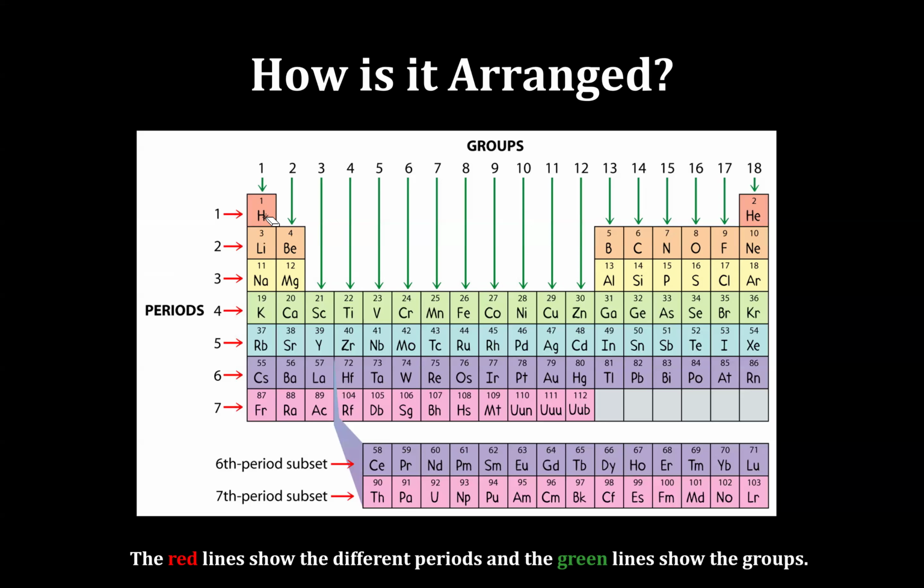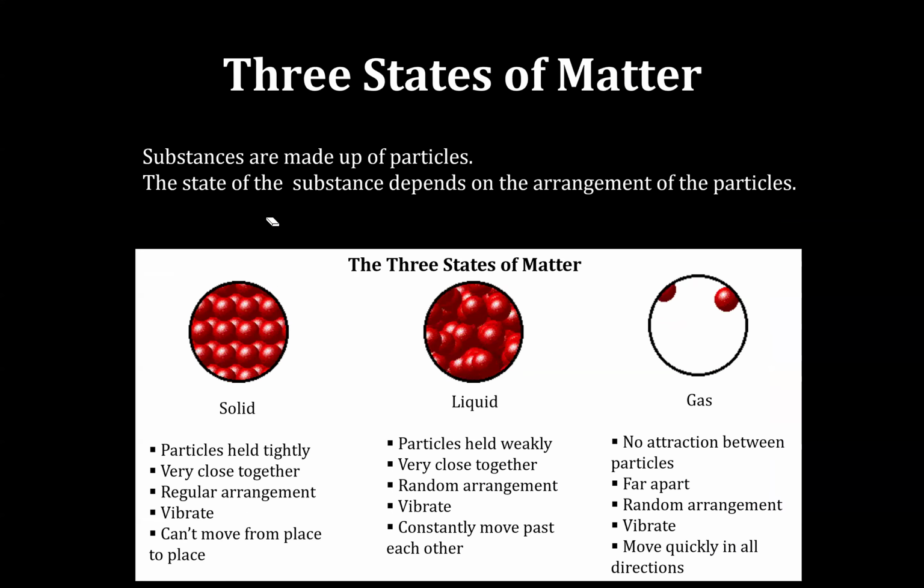All right, what about next? So you already know about the 3 different states of matter. Substances are made of particles. If you look at a solid, there is not much movement inside.